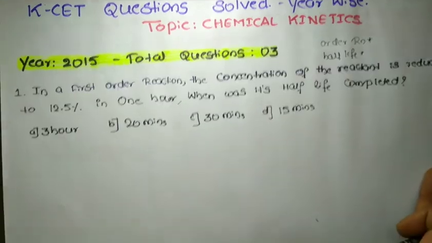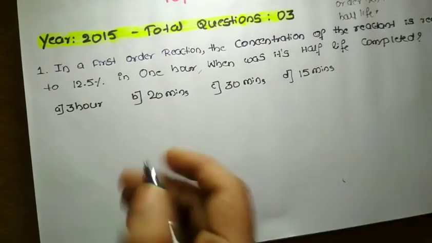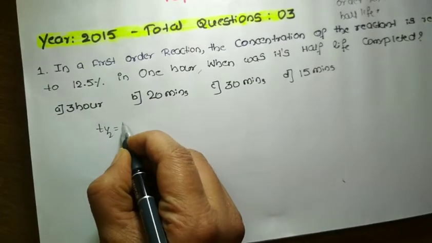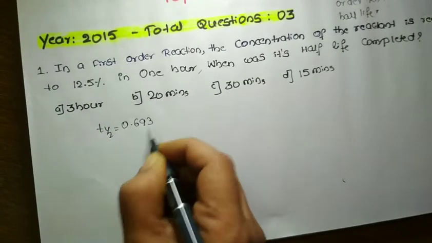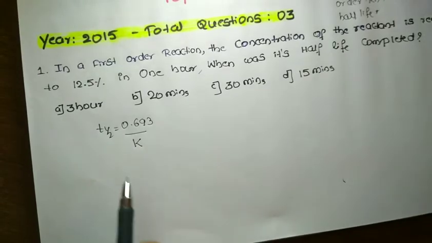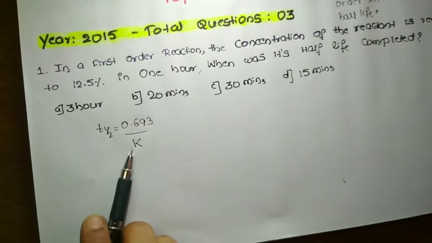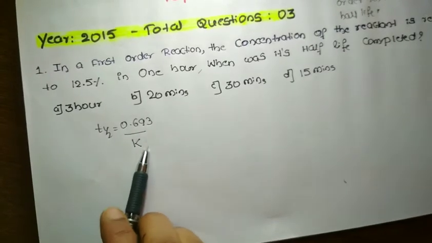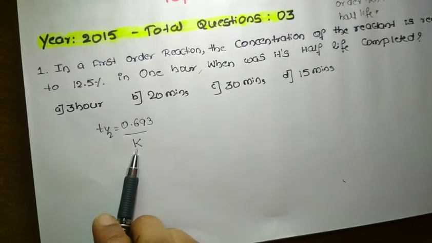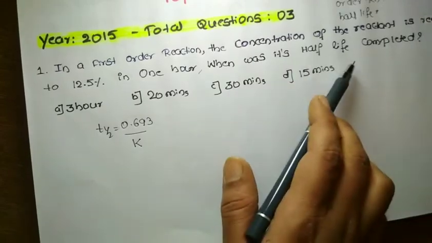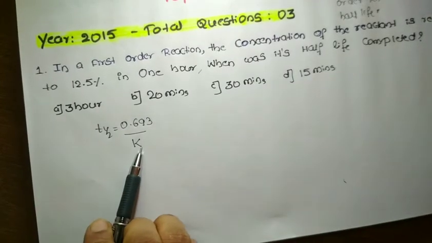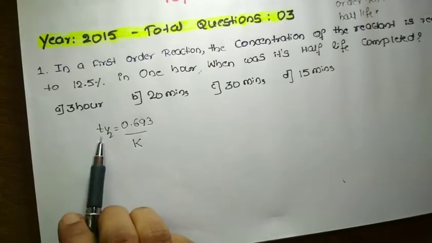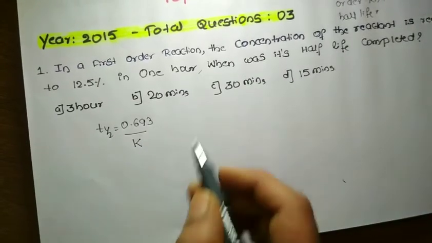We know the formula of T half for the first order reaction: T half is equal to 0.693 by K. But we need a K value here, the rate constant, because it is not given. By finding the K value first, we can substitute it in this formula to find out T half.